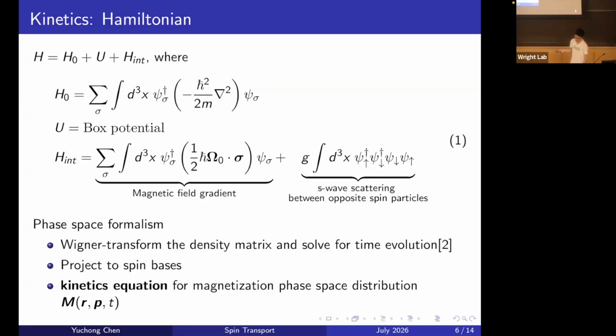Then we'll use a phase-space formalism to do a Wigner transformation of the density matrix. Basically what we do is solve the dynamics of this transformed density matrix to first order in the quantum interaction. And this will give us a kinetic equation for a phase-space distribution. There is a phase-space distribution for the magnetization, which is a function of position and momentum.